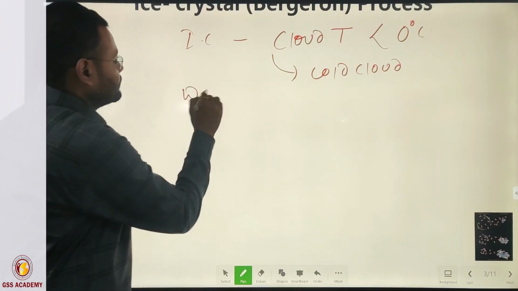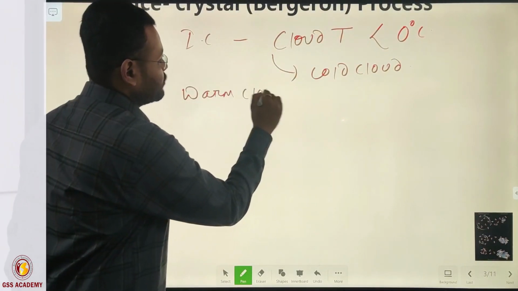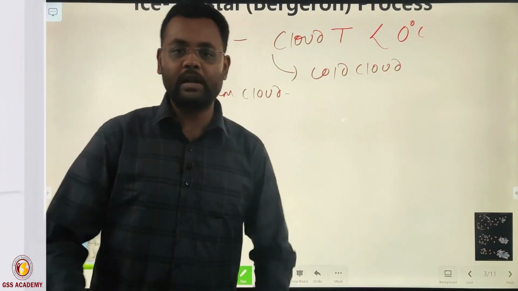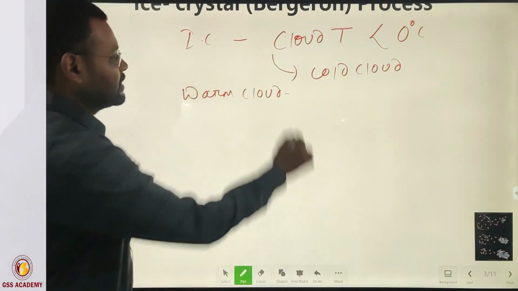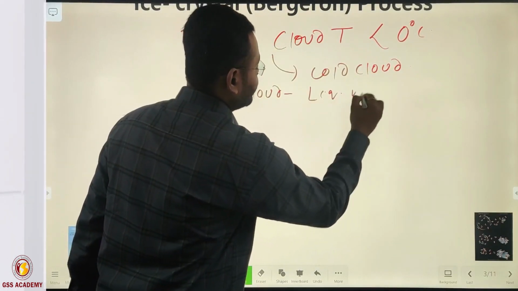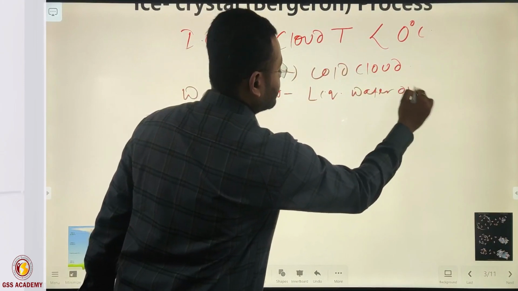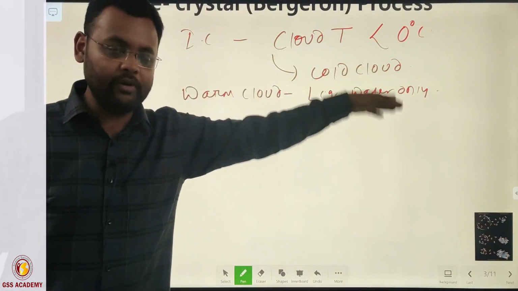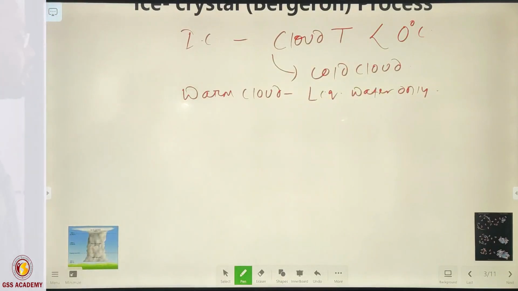In the warm cloud, where the collision and coalescence process is important in raindrop formation, we have liquid water only. That means within this cloud we will get only liquid water.